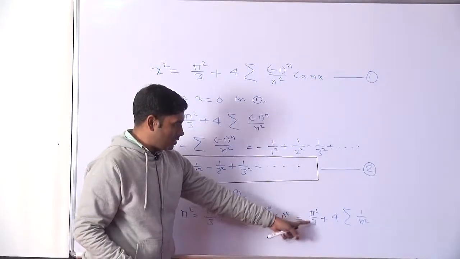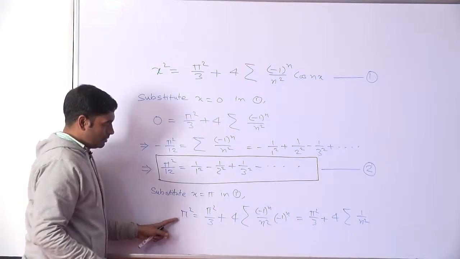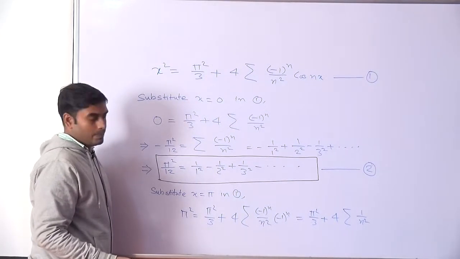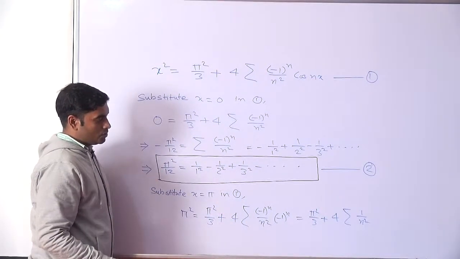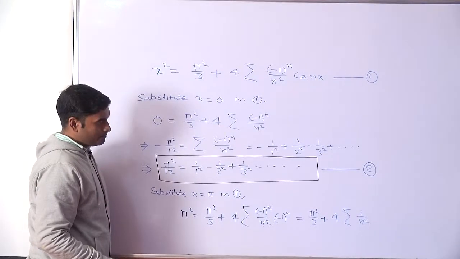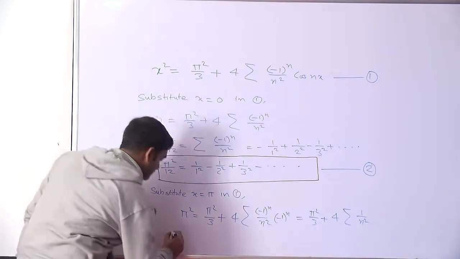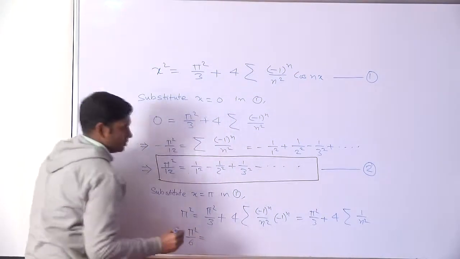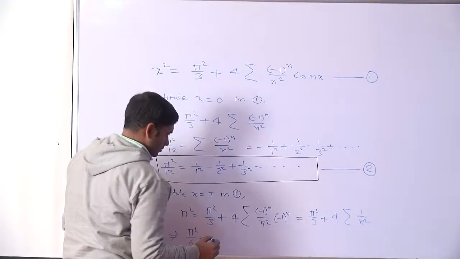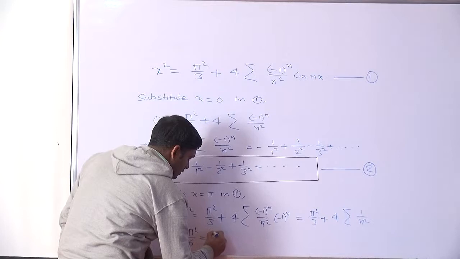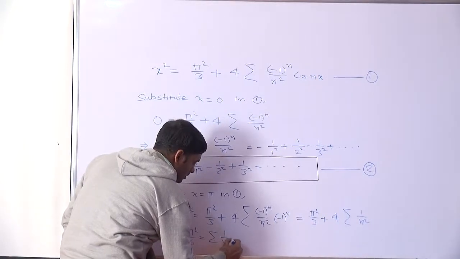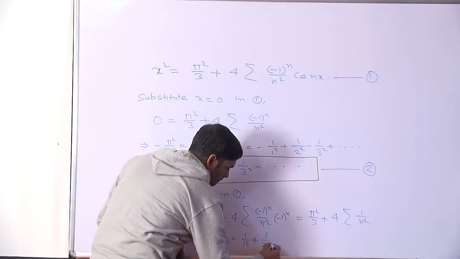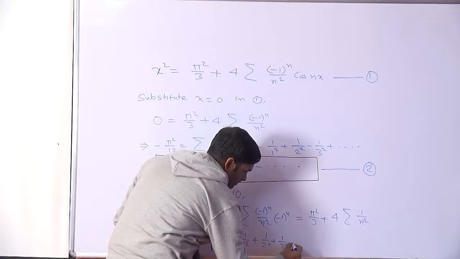Now take π²/3 to the left-hand side. So this will be π² - π²/3, therefore 2π²/3, and 4 is there, so it will be π²/6. So π²/6 = Σ 1/n². So this is 1/1² + 1/2² + 1/3² and so on.